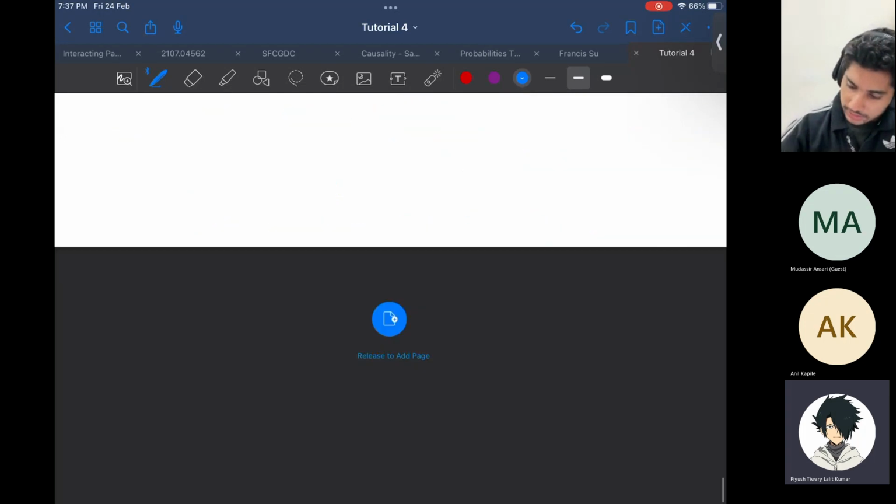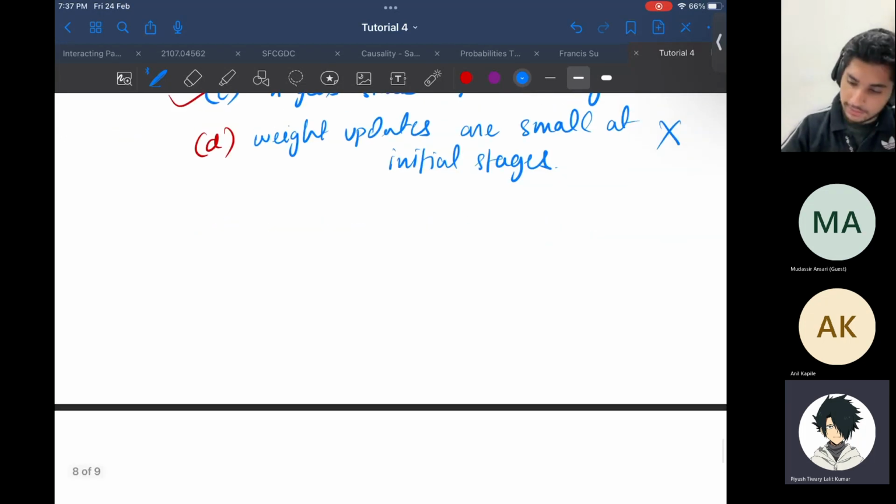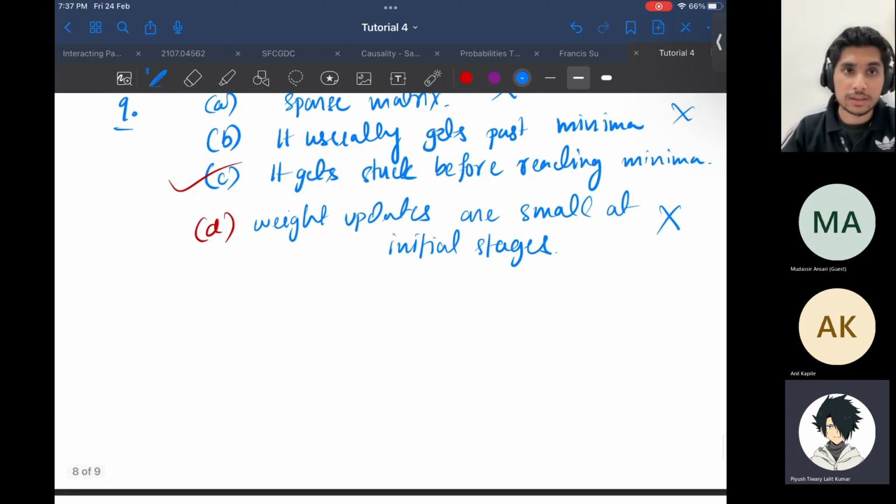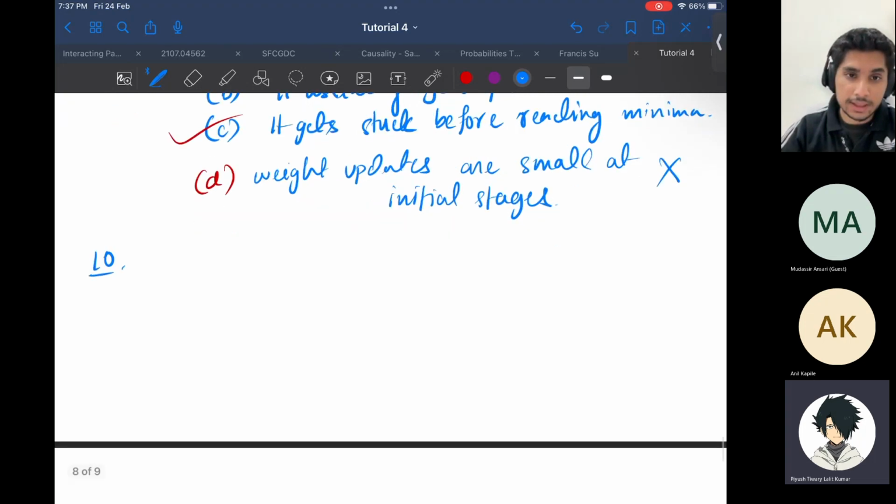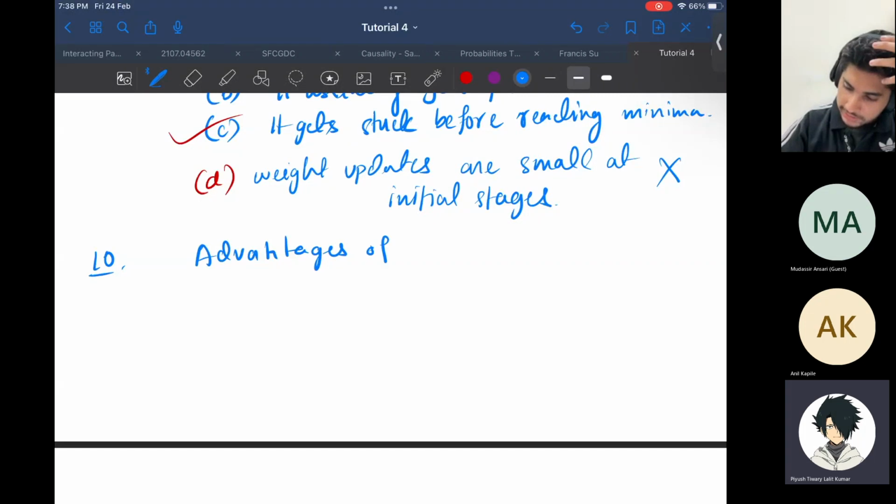So this was the ninth question. Again, if you have any questions, you can ask right away, okay? And then there is a 10th question which says, what are the advantages of using SGD instead of vanilla gradient descent? So advantages of SGD over normal gradient descent.